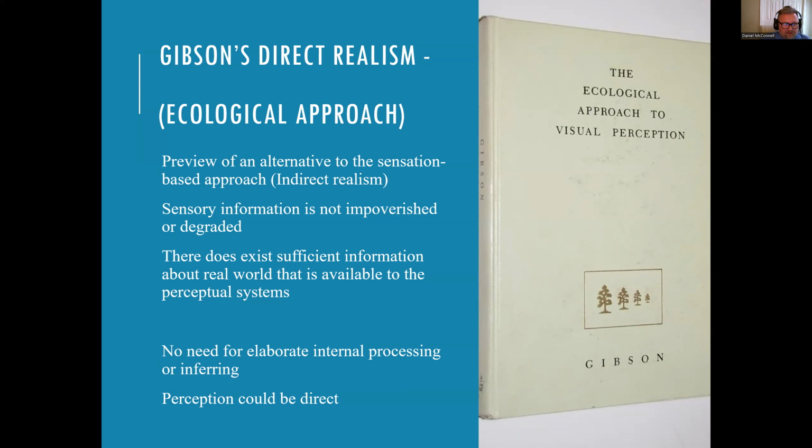And so in this view, there's plenty of information coming in through the senses. We don't have to deal with that minimalistic sensation-based approach where seeing something green doesn't necessarily tell me whether I'm looking at a leaf or a cup or a person in a green shirt, but rather it just tells me there's more information than that, right?